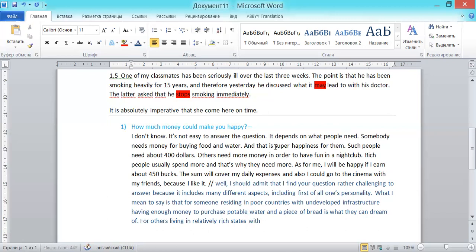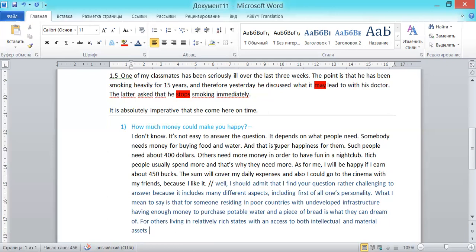With an access to both intellectual and material assets. Assets is the word which means treasure, right?